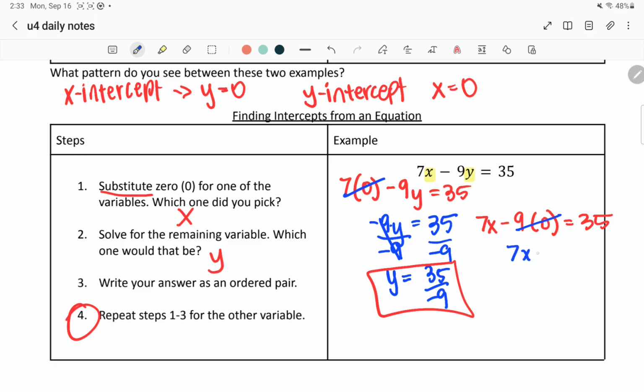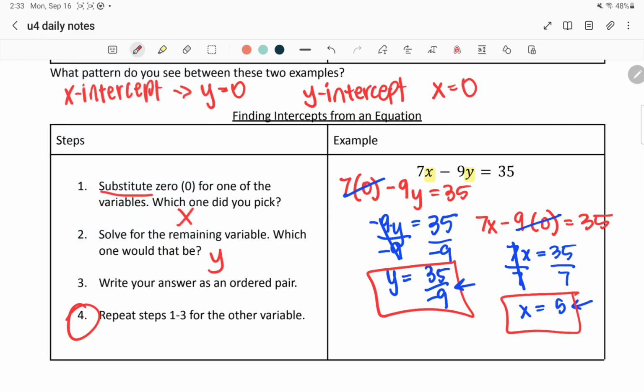And I'm left with 7x equals 35. And then 7 is being multiplied, so I'm going to divide. And I get x equals 35 divided by 7 is 5. So you can get ugly fractions or you can get nice numbers all in the same problem, and it's perfectly okay.